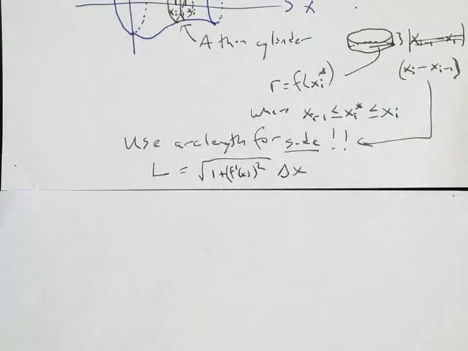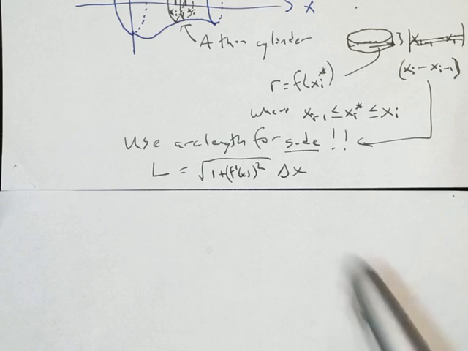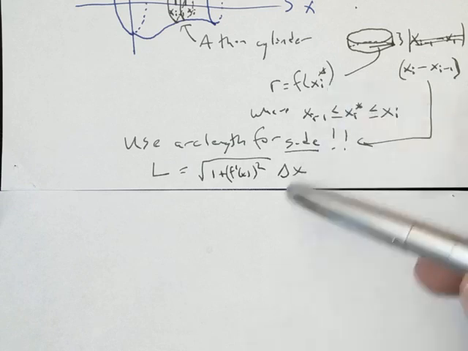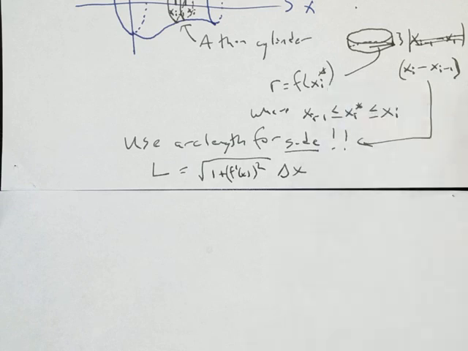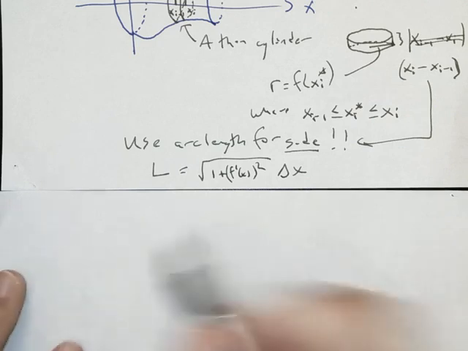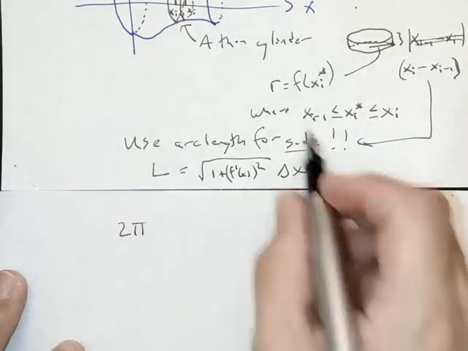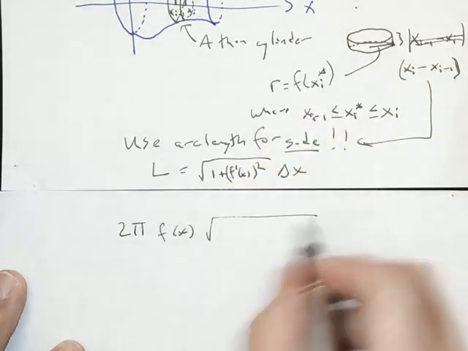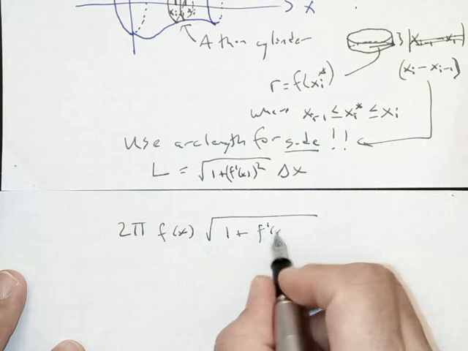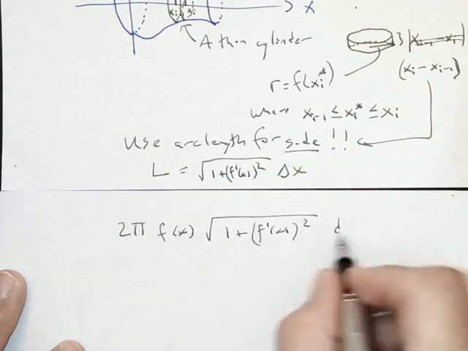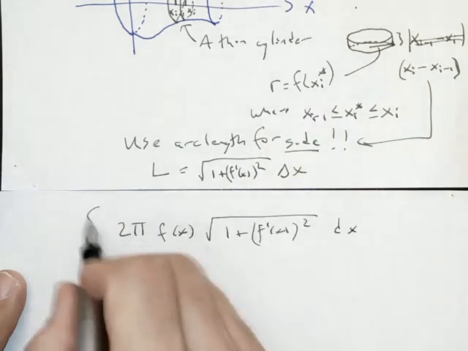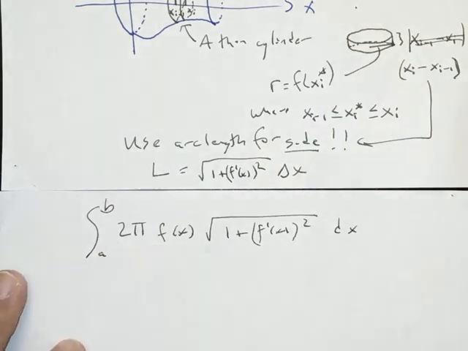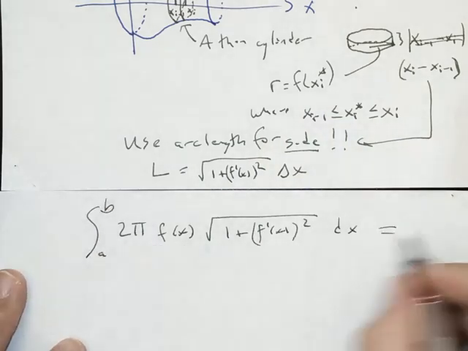Then I've taken into account how that side could be at an angle in different places. And now I add all of this stuff up. 2 pi radius height gives me 2 pi f of x, and that's what I integrate.